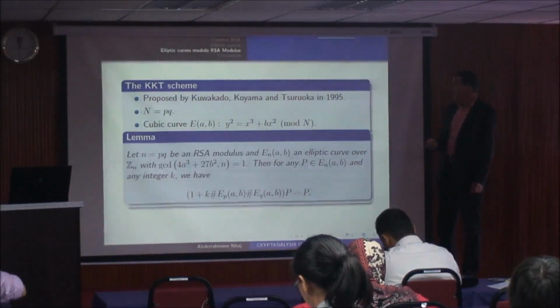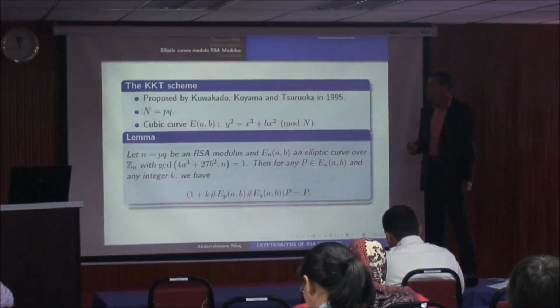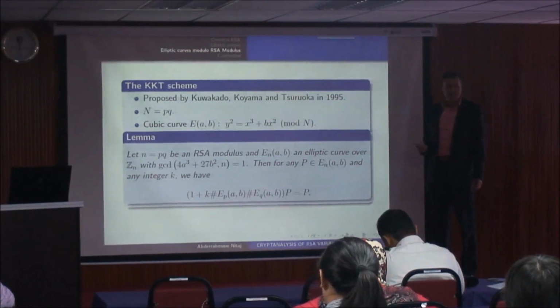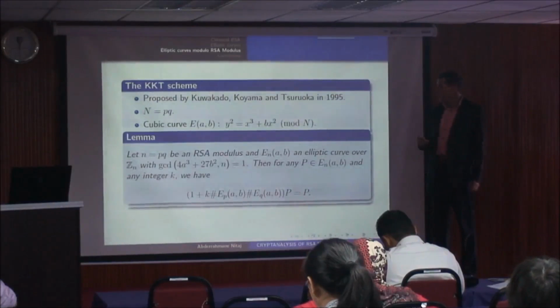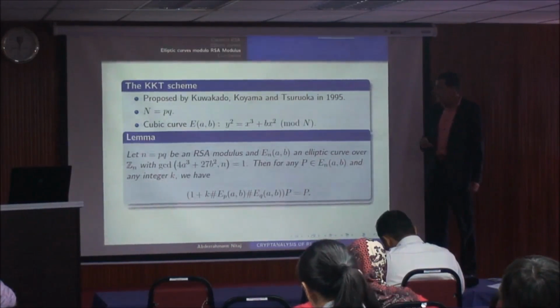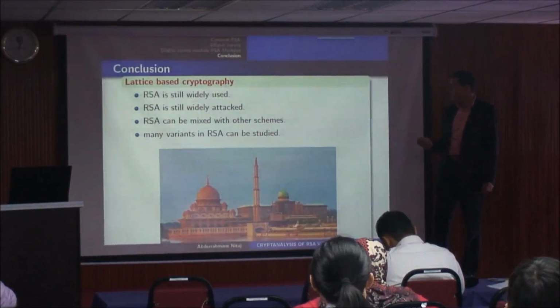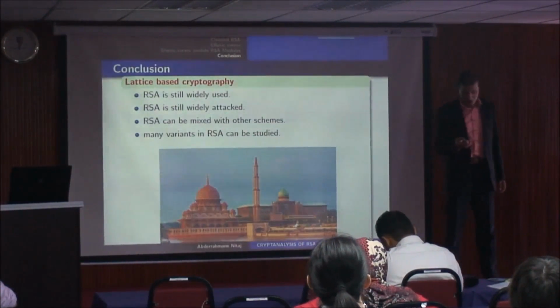Okay, there is another system called the PKT scheme, but it's quite similar to the other ones, so I'm not going to present it. I will just say some words about conclusions.